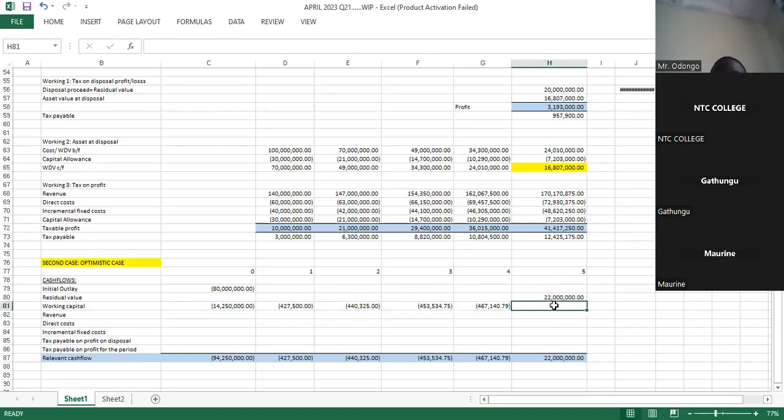Of course, lastly for year 5, we said that those cash flows revert, so this will equal the negative of the summation of all that.